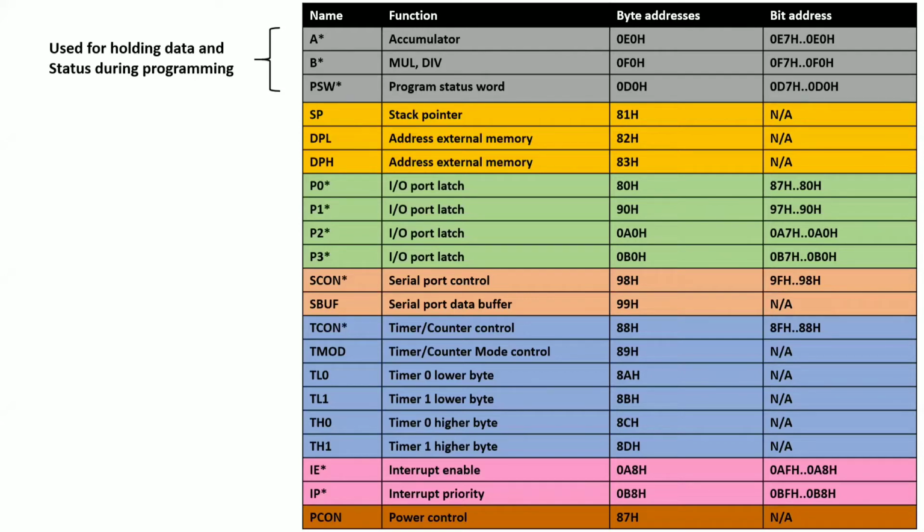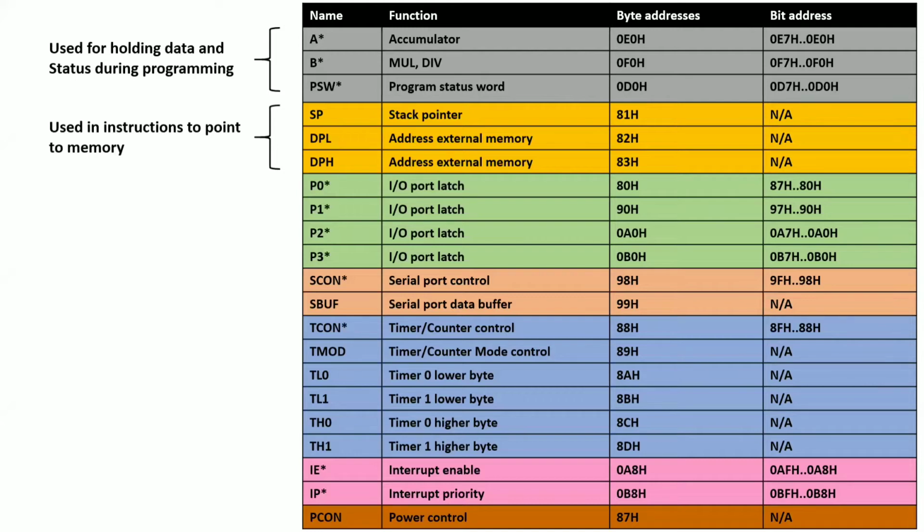The next 3 registers are used to store the addresses of your memories. There is a stack memory and some external memories, RAM and ROM. In order to access data at those memory locations, we need to store their addresses. We store these addresses with the help of these registers.